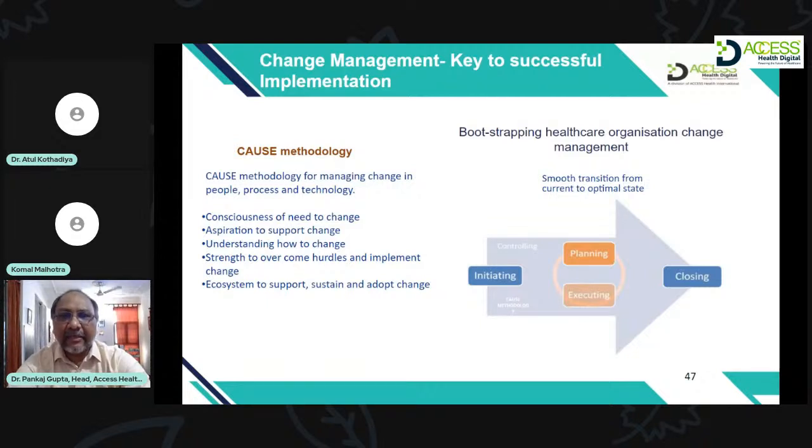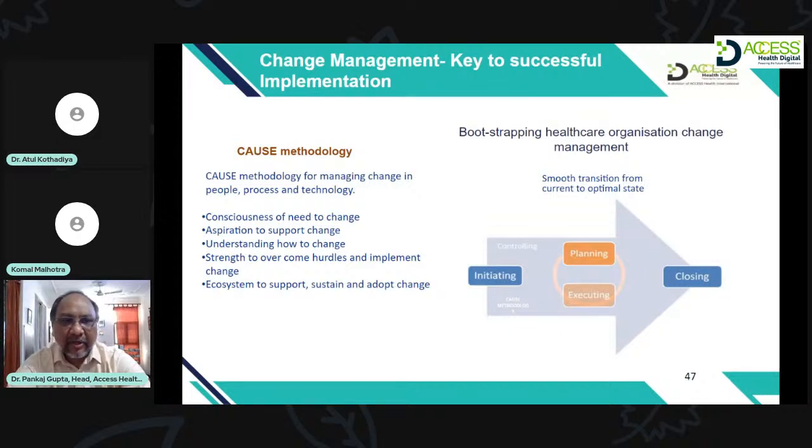The second thing is about the change management. So starting from the go live onwards, and even before that. So this is a methodology that we have used extensively, and we can talk through how the change has to happen. First one being consciousness of the need to change.